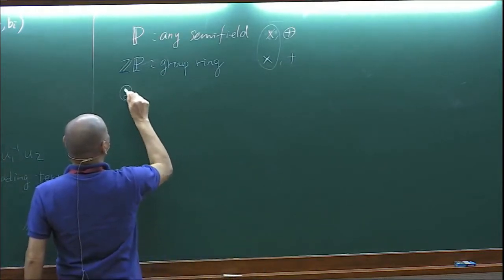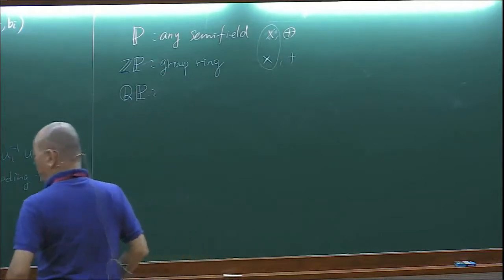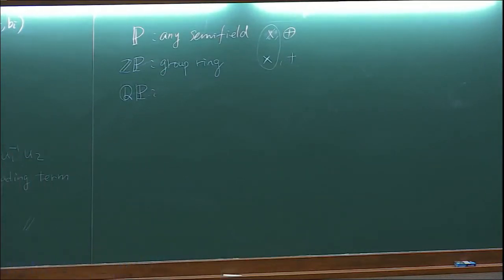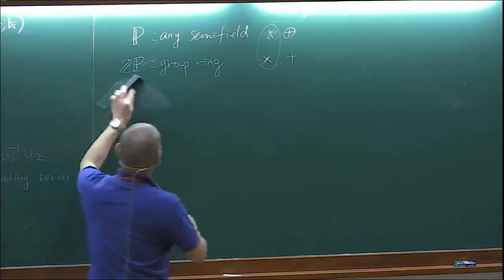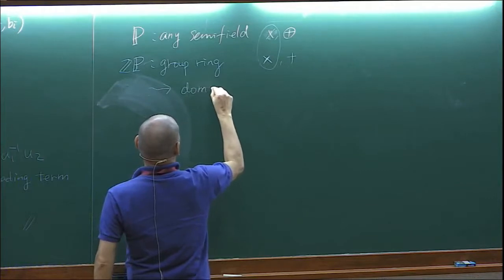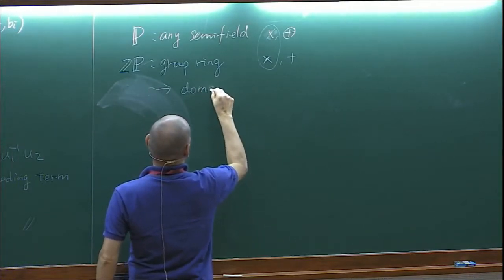And then you can further define, since this, one more remark, this group ring turned out to be a domain, which means there is no zero divisor.